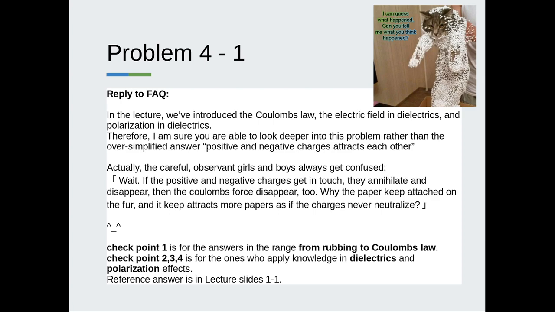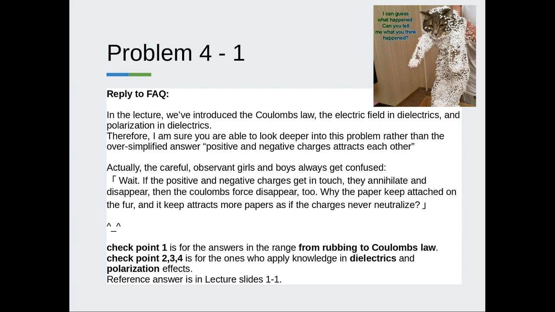And if you can think deeper, if you can think of the charges on the fur of the cat generating an electric field, and that electric field polarizing the papers and then the balloons, and so on, then you can get checks number 2, 3 and 4. Okay, so 2, 3 and 4 are for the people who apply the knowledge in dielectrics.